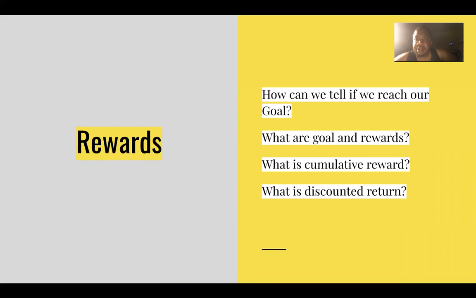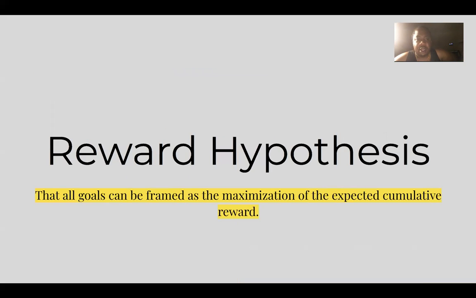All right, next let's look at reward and how we can tell if we reach our goals. What are goals and rewards? What is cumulative reward, and what is discounted return? The reward hypothesis basically says that for any reinforcement learning problem we want to solve, the goal can be stated as the maximization of expected cumulative reward.